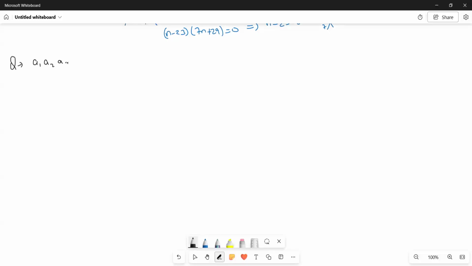If A1, A2, A3, and so on, and B1, B2, B3, and so on are in AP. Okay, there are two different APs, A1, A2, A3 and B1, B2, B3. And A1 is equal to 2, A10 is equal to 3, A1 B1 is equal to 1, which is A10 B10.